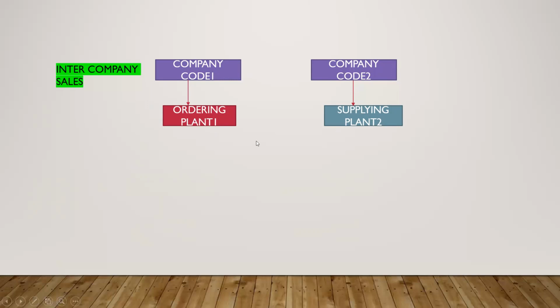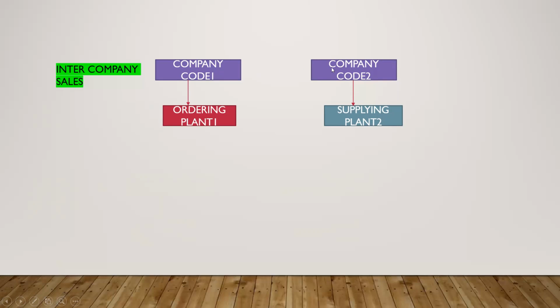So how is it possible? This customer writes a PO to this company code, and stock is not available. In turn, this ordering company code will raise a purchase order to the supplying company code. Between the two plants, maybe a 5% or 10% commission will be there, sometimes 1% or else zero commission.